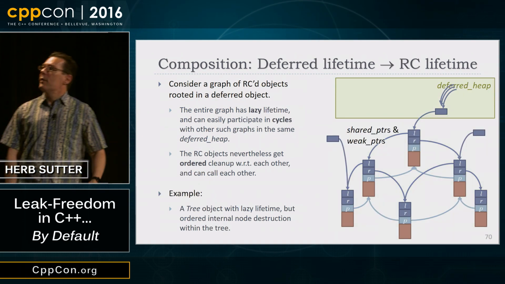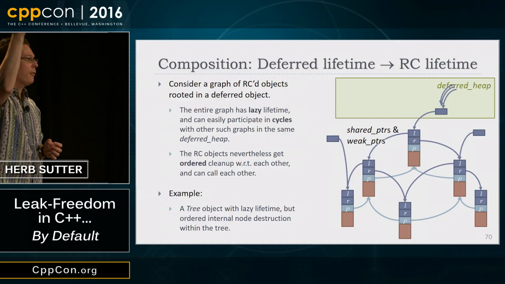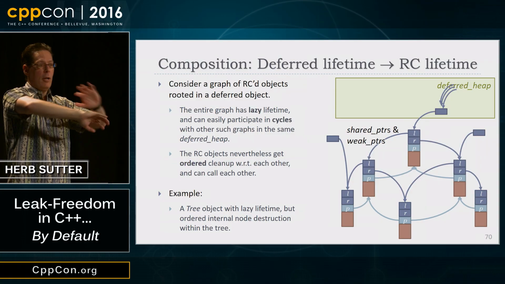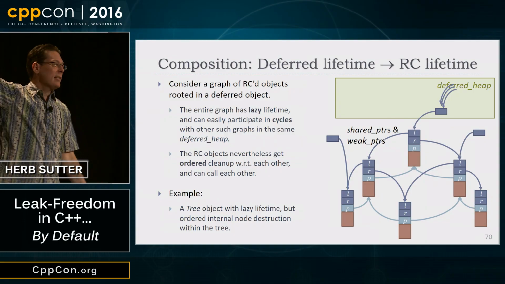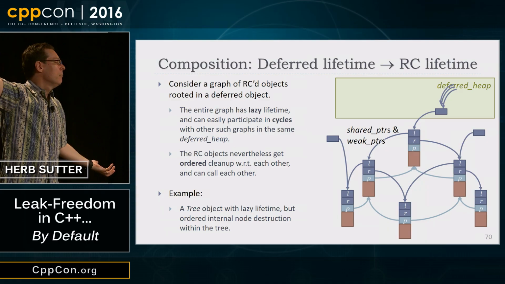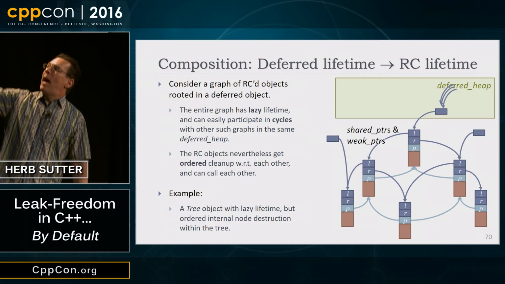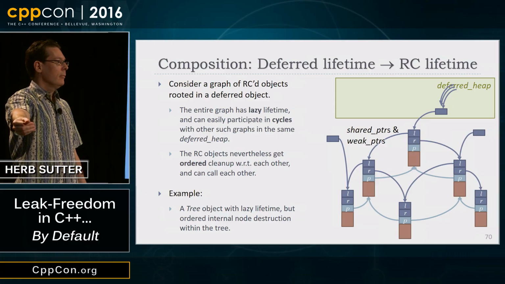Let's say we have, instead of this direction, we go the other way. I now have a deferred heap that contains a deferred object that has a shared pointer to something and can own a whole tree of objects, because maybe that object inside the heap is a vector or map. That's perfectly fine. It owns stuff itself. Now the whole data structure has deferred lifetime.